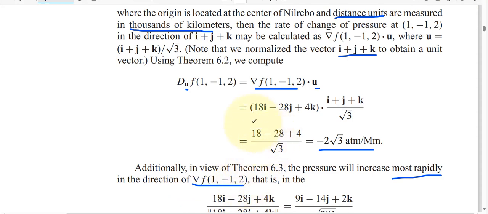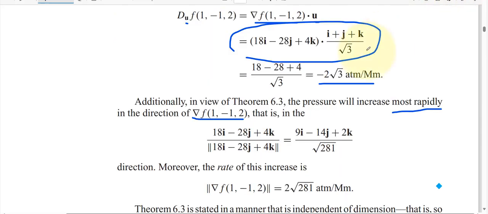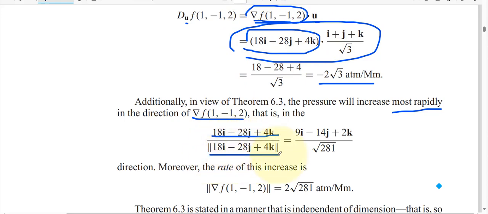They're taking this, as you can see from this part here, and then they're dividing it by the magnitude of this. So why are they doing that? Because they just want to get the direction as a unit vector. You don't have to do that, but maybe it's more standard to do that.